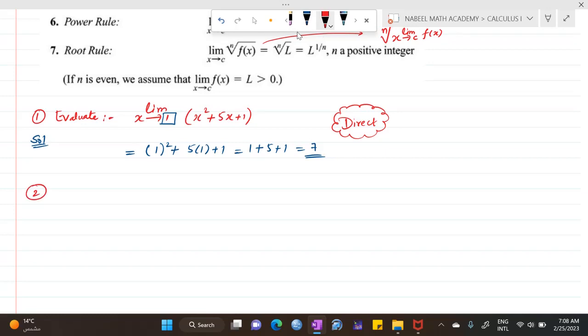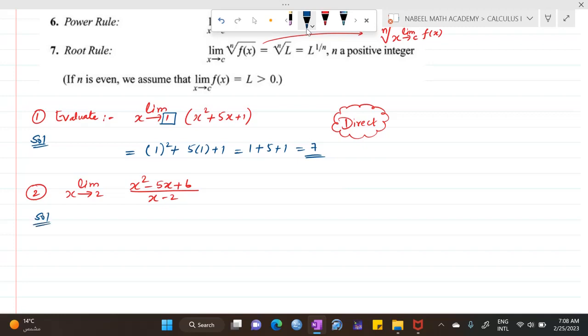Now number 2. Evaluate the limit as x approaches 2 of x square minus 5x plus 6 over x minus 2. When you apply the limit, what happened?